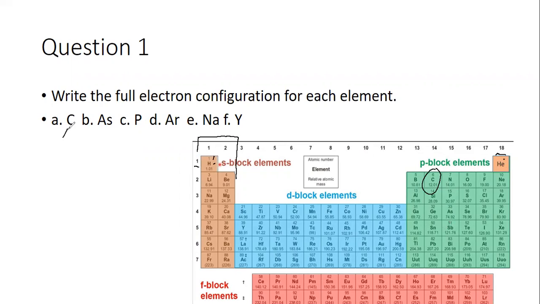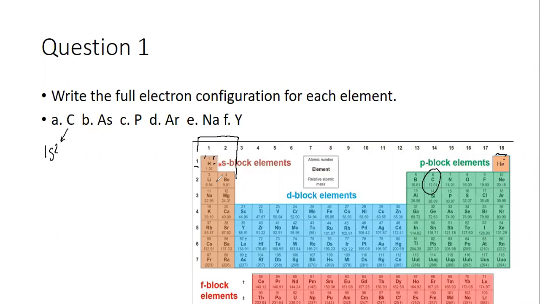So my electron configuration for carbon to begin with is 1s2. My goal is to keep counting like this until I get to carbon. So hydrogen is 1s1, helium's 1s2. I'm not at carbon yet, so I write down where I've gotten so far in the periodic table.